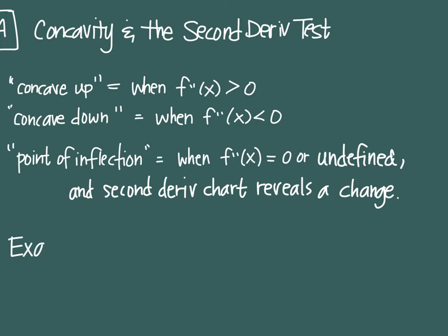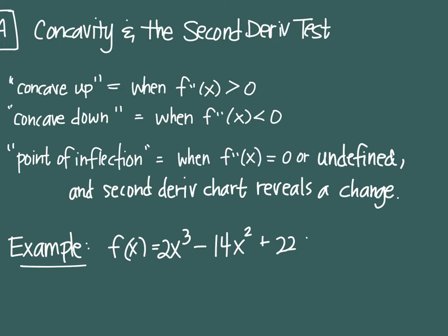So let's apply this to some functions. Let's look at the function 2x cubed minus 2x squared, I forgot the lead coefficient, 2x cubed minus 14x squared plus 22x minus 5.